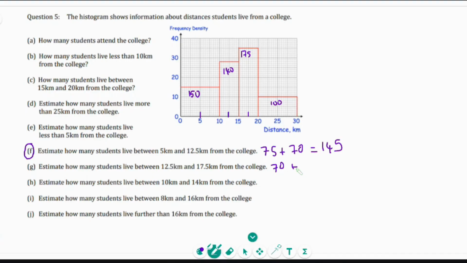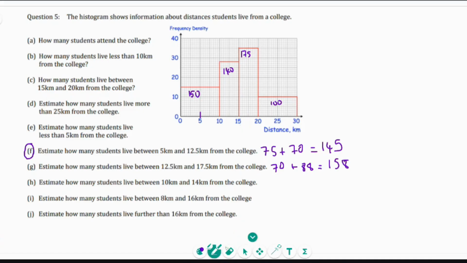Now half of 175 is 87.5. Because we're dealing with people, we're just going to round that to 88. So 88 plus 70 is 158. Got to have a whole number of people.